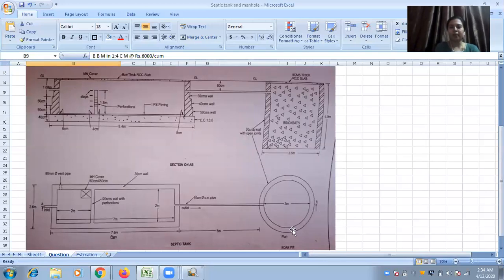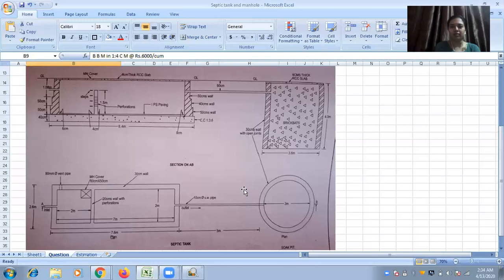So the formula will be pi into (capital D square minus small d square) by 4. Capital D is 3.6, small d is 3. You multiply this area by the depth, which is not 4 but 4 minus the slab thickness, 8 centimeter.